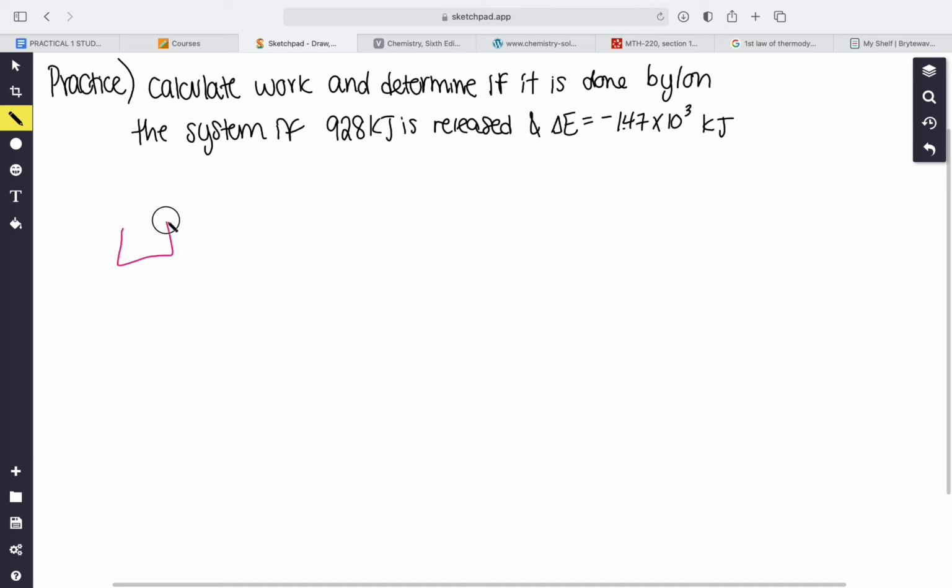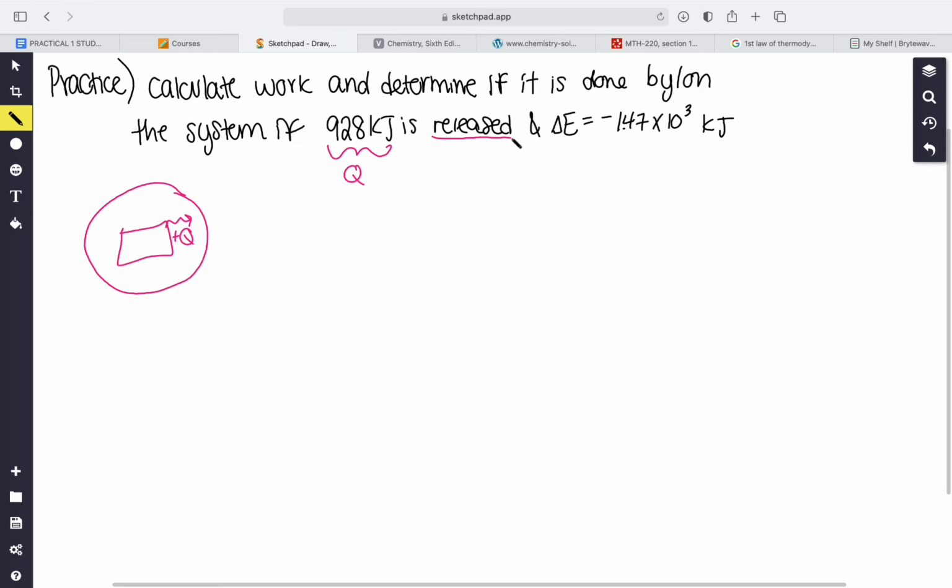So let's again draw a little bit of a diagram. So here's our system. We don't know the work, so that's what we're going to determine, and we're going to add that in there to help us determine that. So the system, and we have 928 kilojoules being released, so it's going to be a Q. How we can determine that this is Q is because it's being released or added.